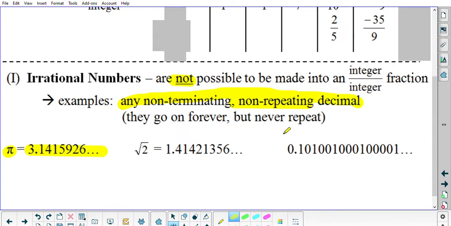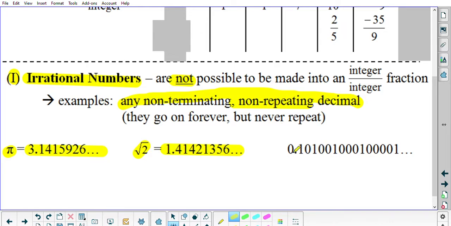And on the previous packet of guided notes, you also learned that square roots of numbers that are not perfect squares are going to give you decimals that go on forever but don't repeat. And they would also be classified as irrational numbers. By the way, the symbol for irrational numbers is capital I. This is why we couldn't use capital I for integers, because that gets used for irrational numbers.